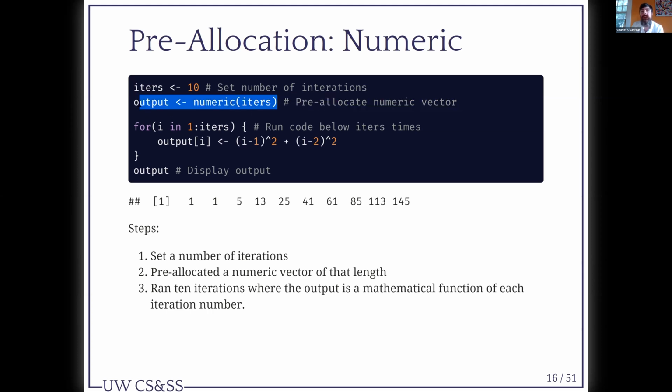We assign an empty vector to output so that we have these subsettable locations to put our results in. If I didn't create this output object here, it couldn't be subset, I couldn't assign anything to it, and the loop wouldn't run. We just need something empty to store it. Does that make sense? Any questions about that?